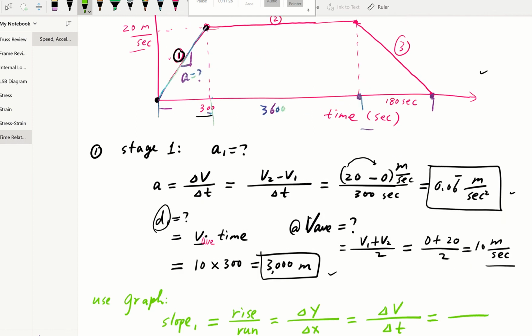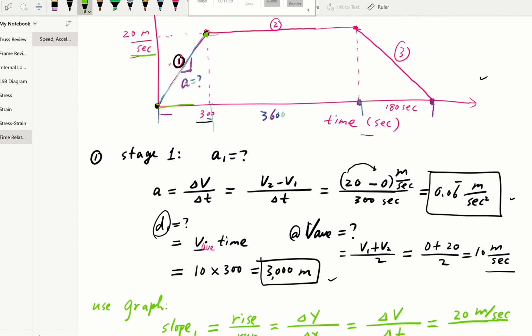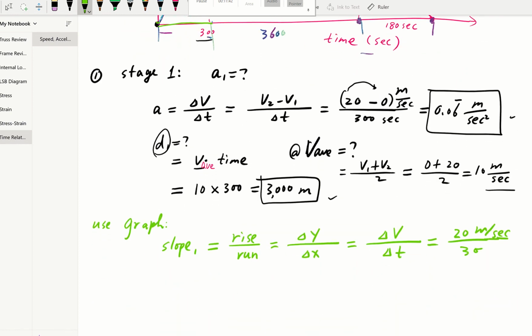So delta v, from this point to this point, the rise, the vertical distance, is 20 meters per second. And what's the horizontal distance? 300 seconds. So you essentially have the same answer, 0.06 repeating meter per second squared. That is exactly the same thing as the one we got before, using the graphic approach.